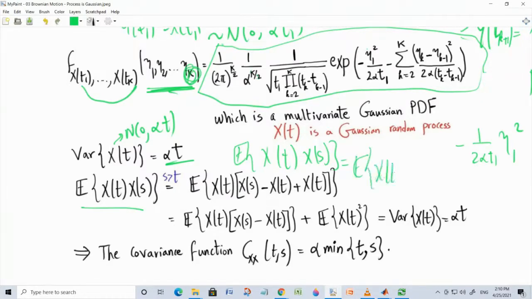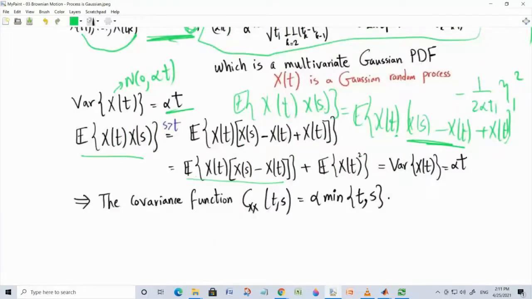So you take x of s and write it as x of s minus x of t plus x of t. The reason for doing this is that x of s minus x of t is independent of x of t, so the expectation of the product becomes the product of expectations.